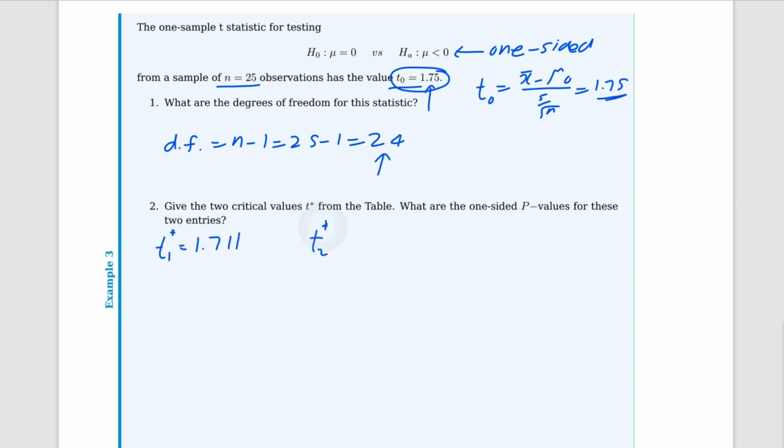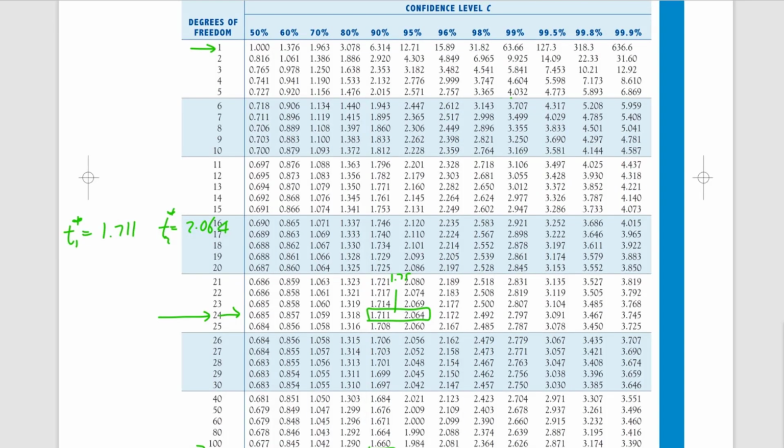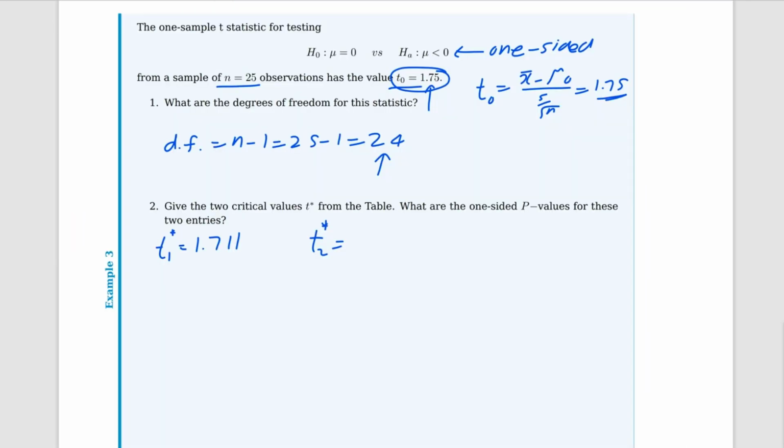Right. Now they are asking what are the one-sided p-values for these two entries. Yes, the next step is to find the p-values.